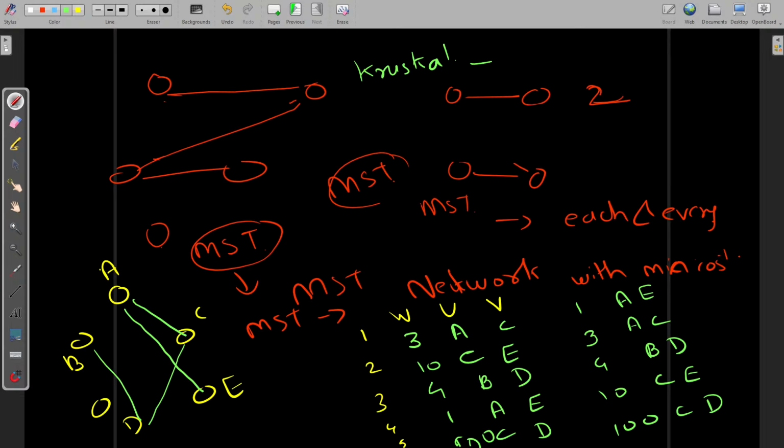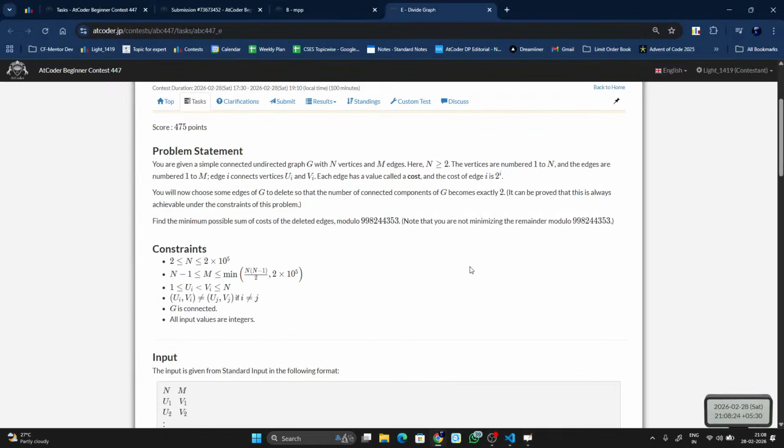Now we will tweak this. Instead of sorting the edges in ascending order, we will sort them in descending order for our problem, because they said to delete the edges with minimum weight. So what does that mean?